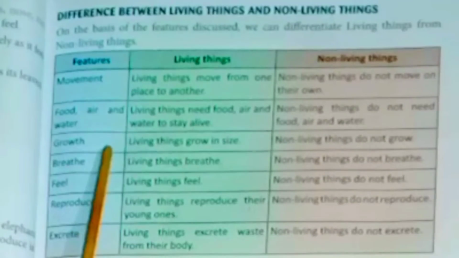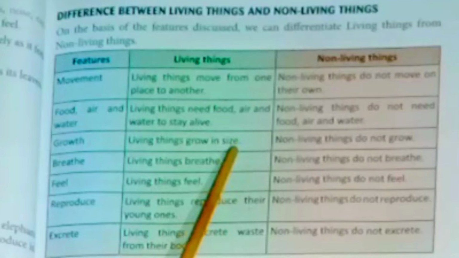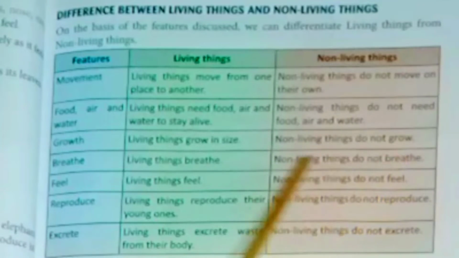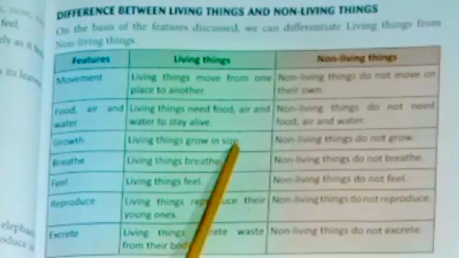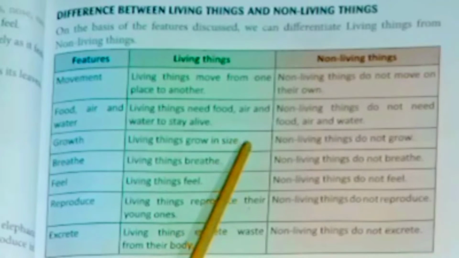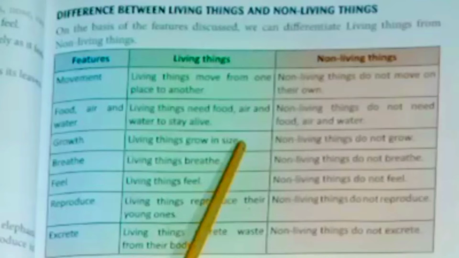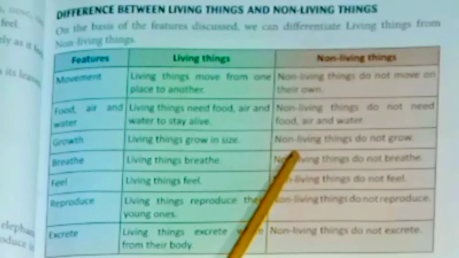Now, growth. Living things grow in size, non-living things do not grow. If you think, before 1 year, what was your height or your weight? Is it the same today? No, there is some growth that has taken place in your body. But non-living things do not grow.